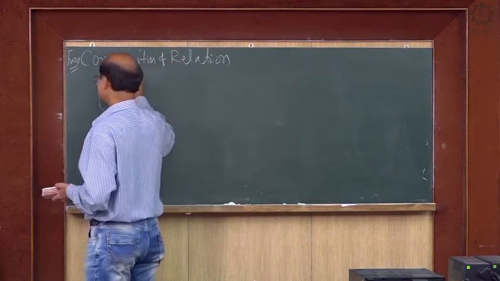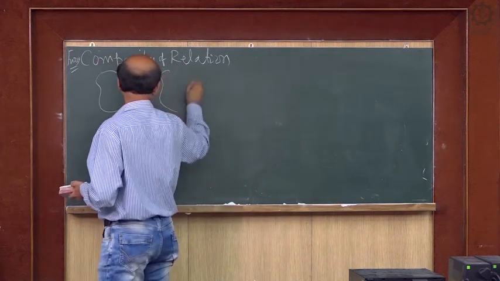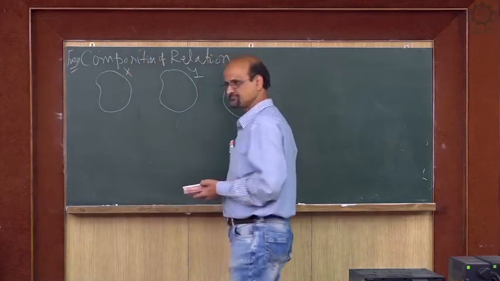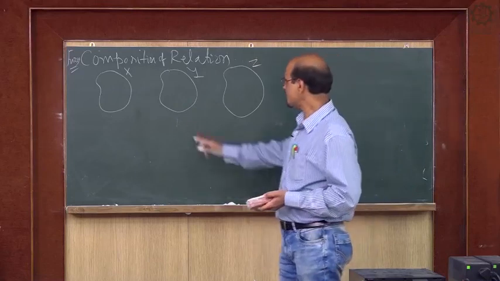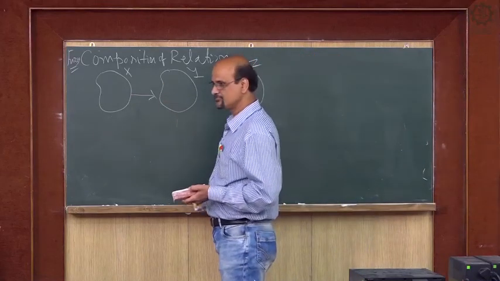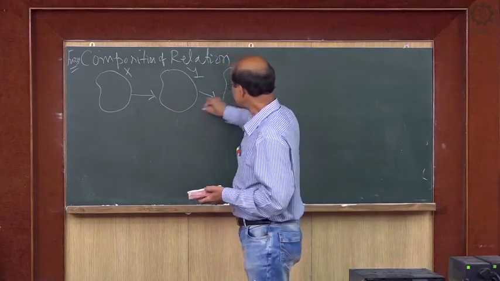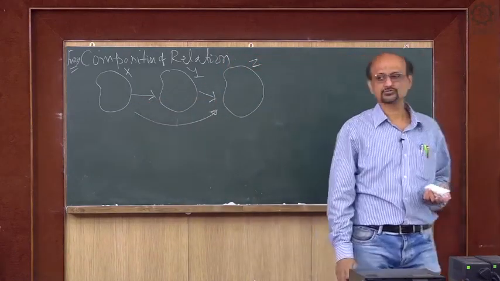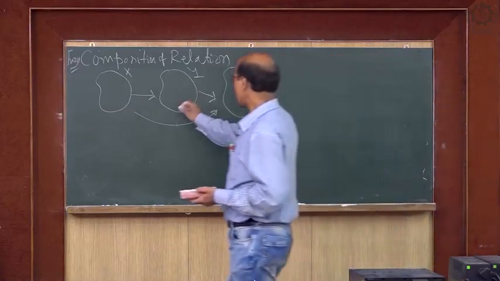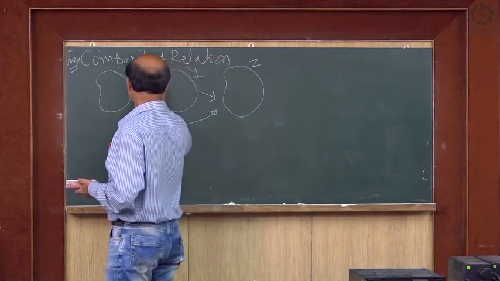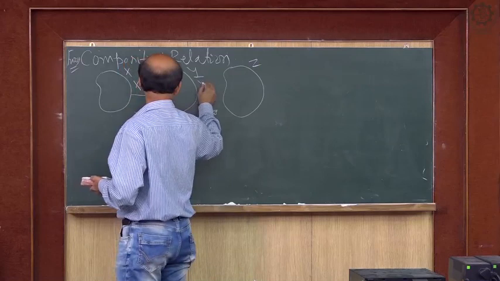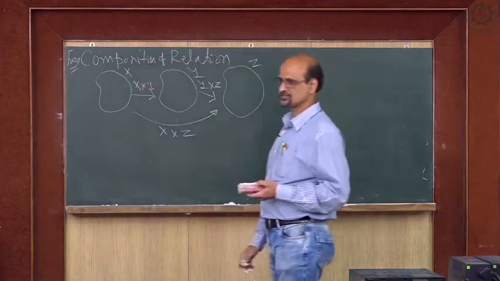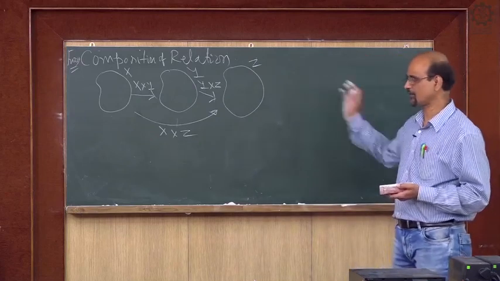Suppose I have a product space X, I have product space Y, I have product space Z. I have relation from X to Y, Y to Z, then what is your X to Z? So, X to Y, this is your X cross Y, and this is your Y cross Z, so X cross Z, that we have to find.